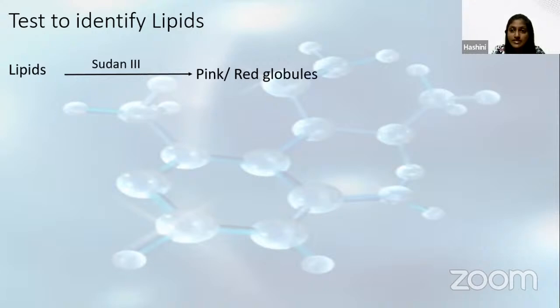The color will appear as pink or red globules. Okay, so I will show this observation. There is a short video.